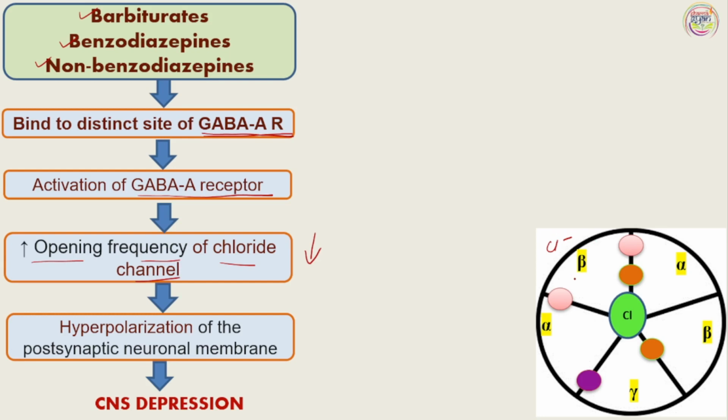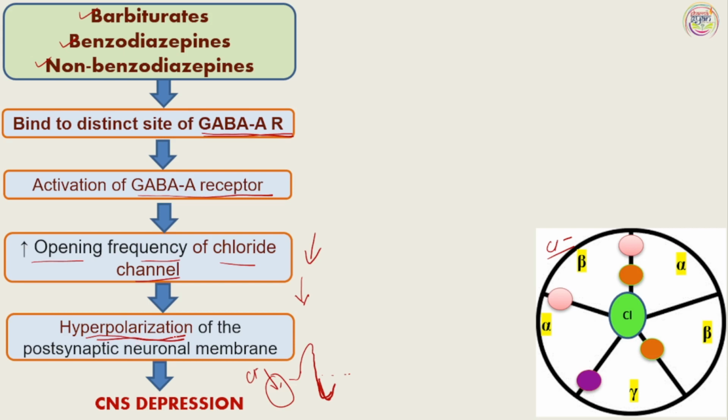So the chloride ion comes inside. Since negatively charged chloride ions are coming inside the cell, the membrane potential goes down, which results in hyperpolarization. In the action potential, during hyperpolarization, it comes down from the resting membrane potential.